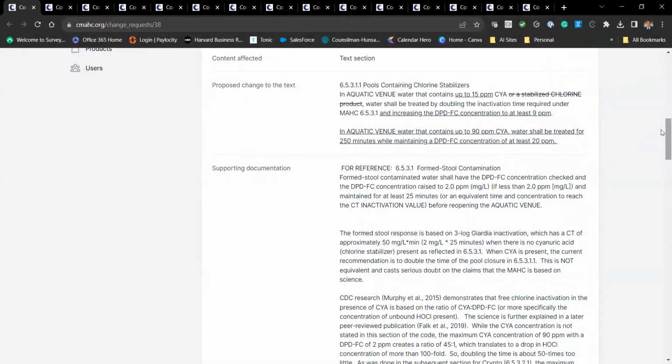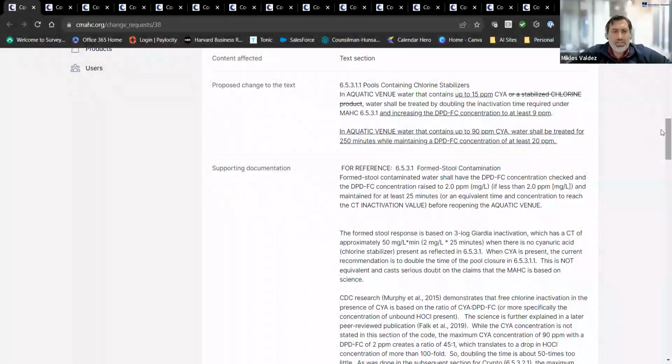Joe, depending on how the vote goes from the TRC, is this something that will be appropriate to shoot over to EZID as a question and maybe a task group form? Yes. Just because I know the ripple effect it would have across multiple CDC areas and multiple CDC websites.